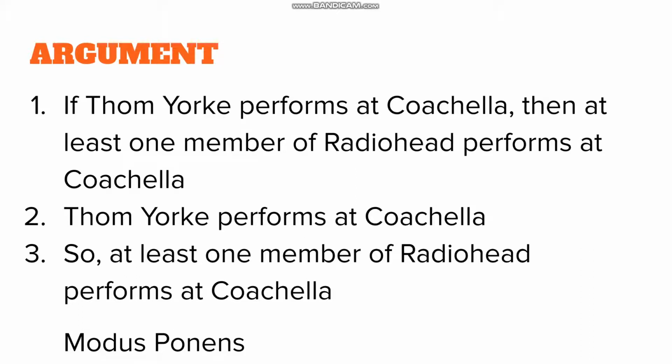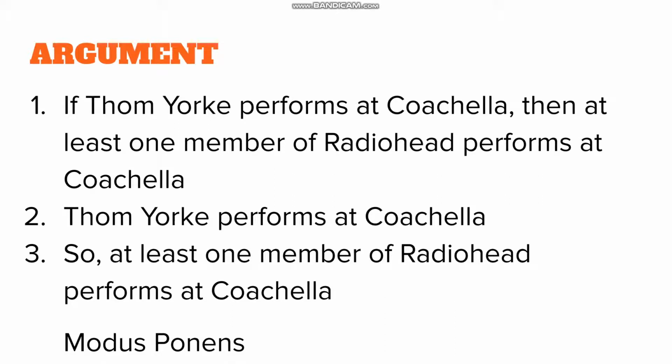Now this is a valid argument, and it's also a sound argument because we know that the premises are true. Premise 1 is true because Thom Yorke is indeed a member of the band Radiohead, and premise 2 is also true because Thom Yorke will perform at Coachella this year. So this is a valid argument.